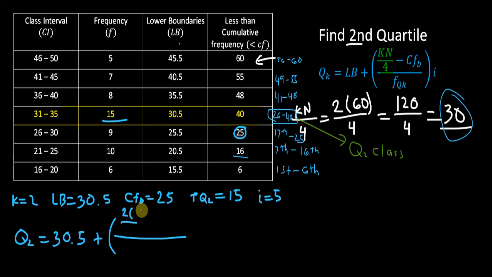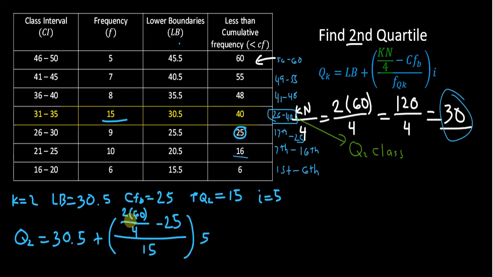Ito yun. So, 2 times 60 over 4 minus yung CFB 25 over FQ2 na ngayon kasi yung quartile 2, that is 15, times the class interval, that is 5.